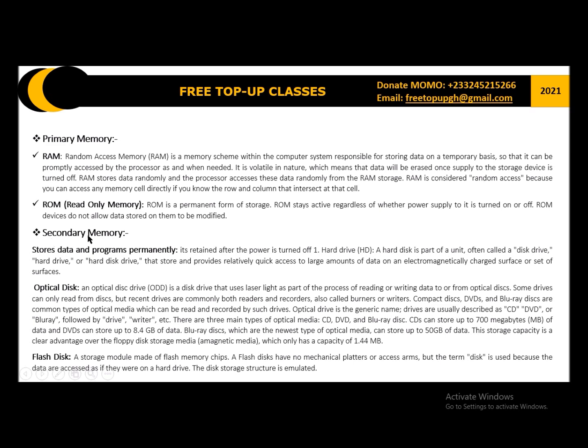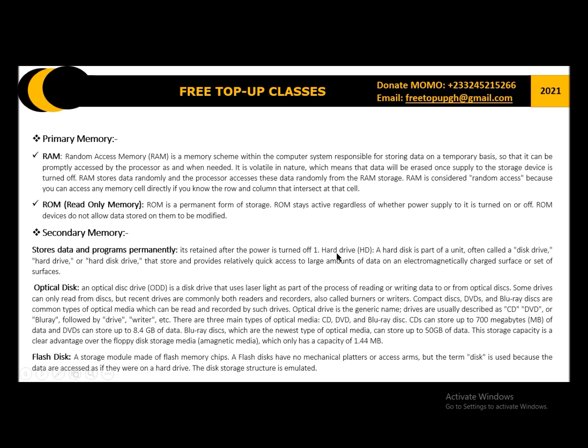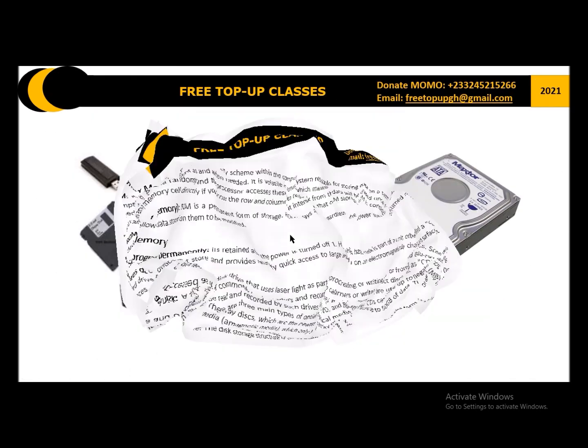And we've come to secondary memory, which stores data and programs permanently. The types or examples are the hard drive, optical disk, and flash disk. So let's move on.